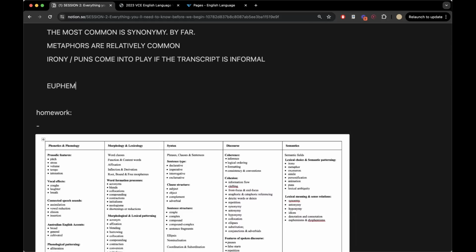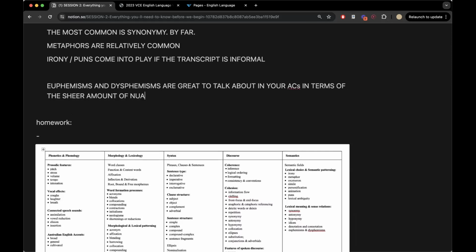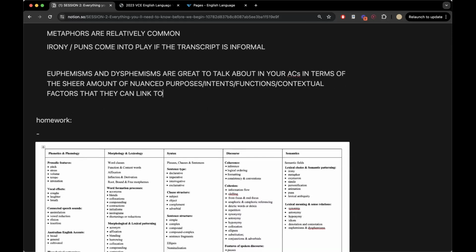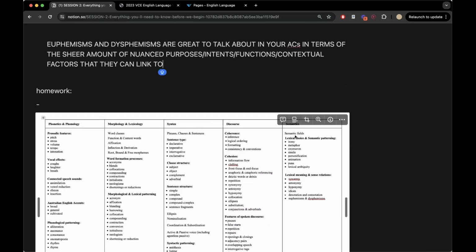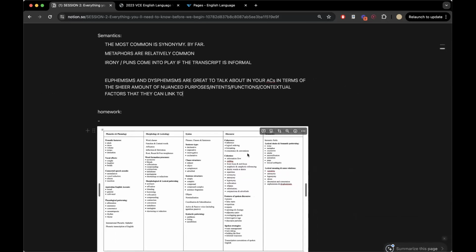Euphemisms and dysphemisms are great to talk about in your ACs, right? In terms of the sheer amount of nuanced purposes, intents, functions, contextual factors that they can link to. And I mean, look, denotation and connotation are there too, but it's not that relevant. You're not really going to come across denotation and connotation. I mean, unless you want to. Connotation is a guarantee, denotation not so much, right?